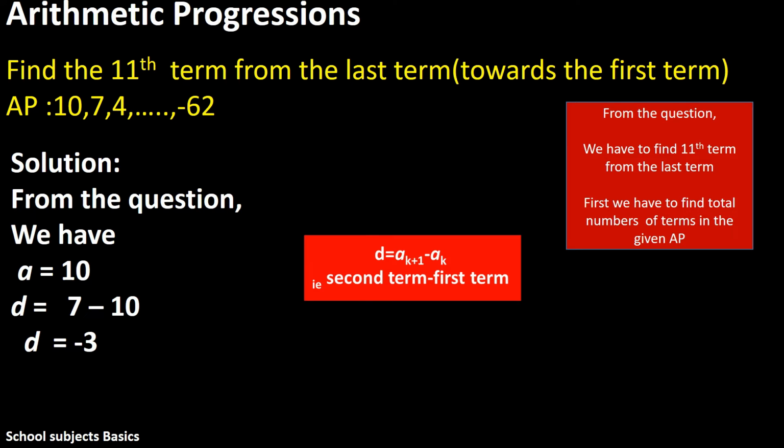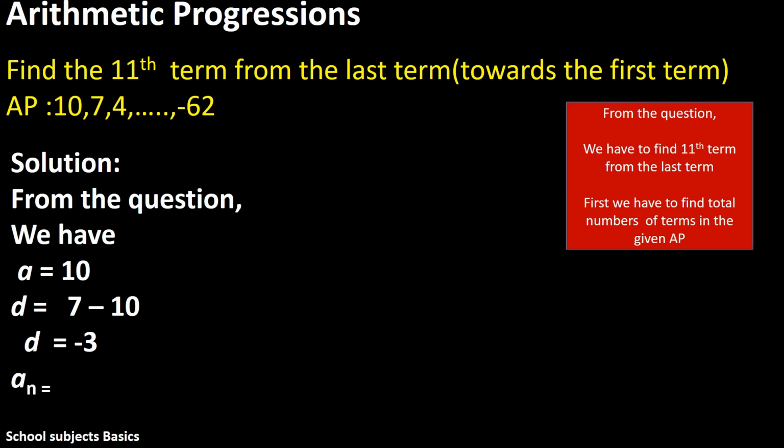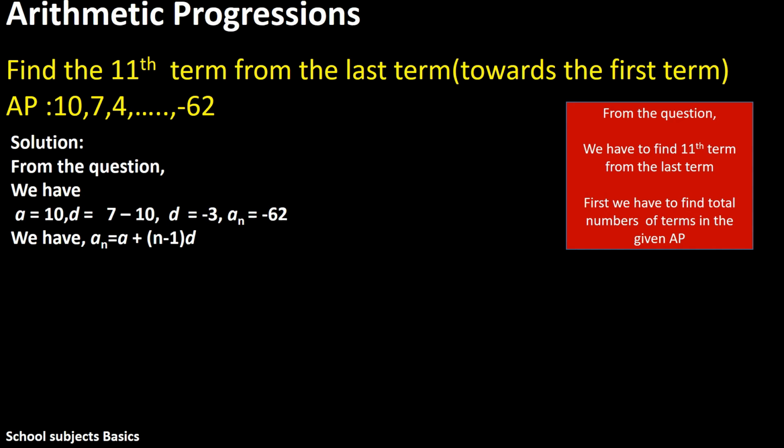Next, from the given question, a(n) is minus 62, but we do not know the total number of terms in the given AP. So let's find it using the formula a(n) is equal to a plus (n minus 1) into d.